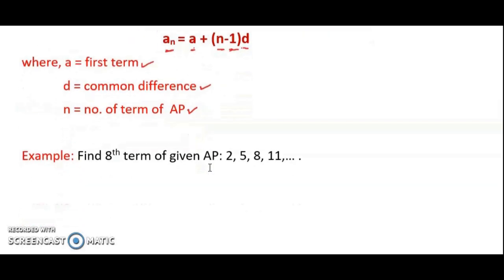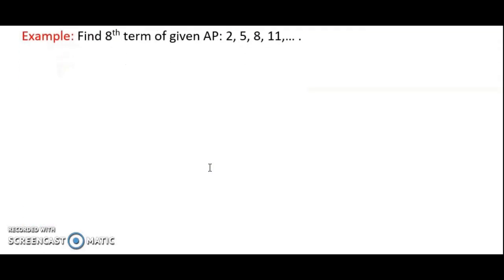For example, if an arithmetic progression is given here and we have to find the eighth term of the given AP. The arithmetic progression given is 2, 5, 8, 11 like this, and we have to find the eighth term.